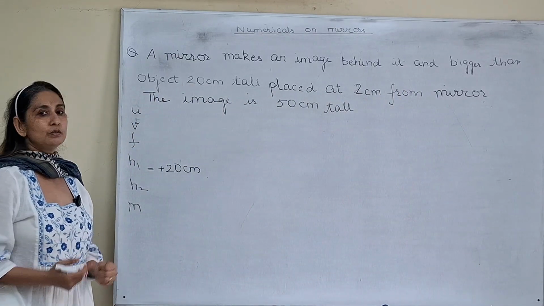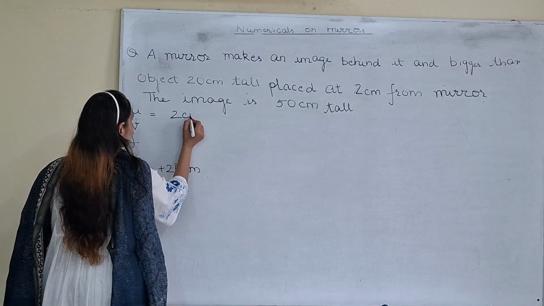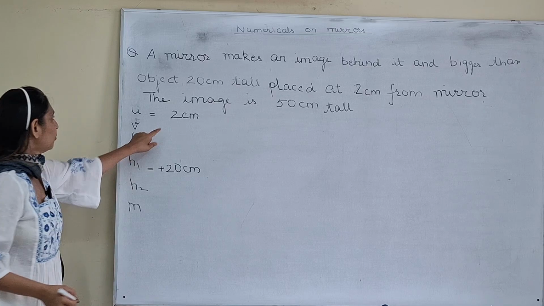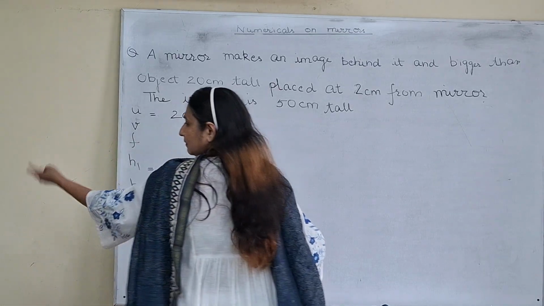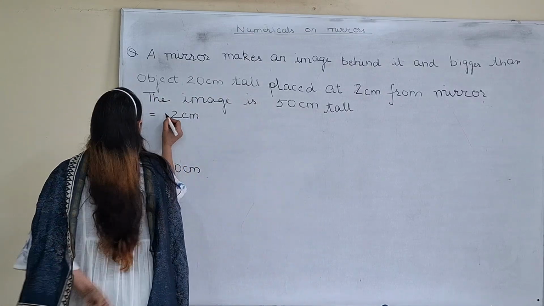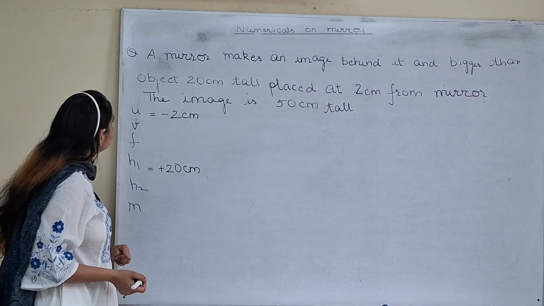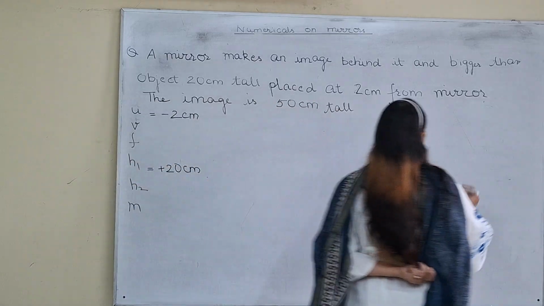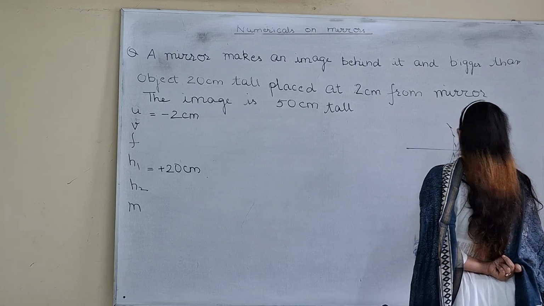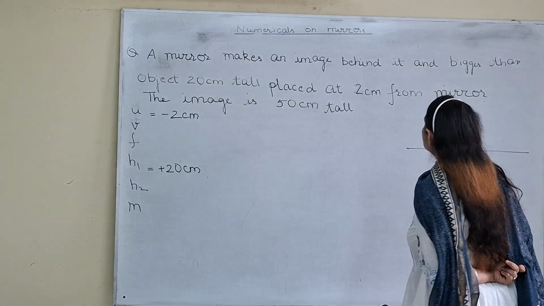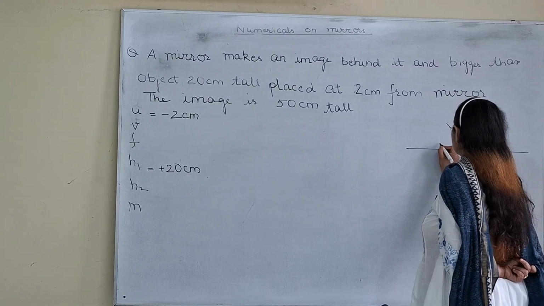Object placed at 2 centimeter. Okay, I have put a sign here. What sign should I put? See, object is always on the left side, so it has to be left is minus. So it's placed here and हाँ diagram बना रहे थे हम concave mirror का. ये हो गया हमारा object and it's just placed here only.